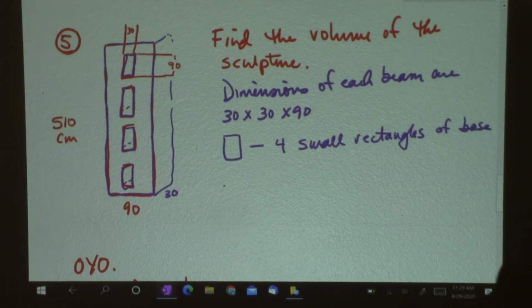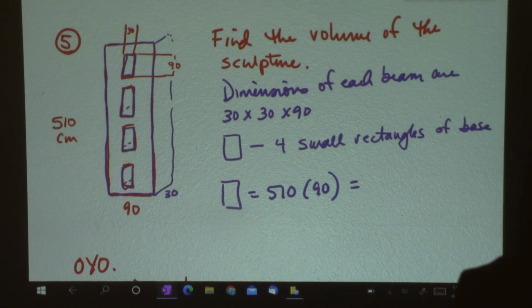So the whole thing is going to be 510 times 90. And that is, let's see, 510 times 90 is 45,900. And now I'm going to take away 4 little rectangles. So do you see here that each one is 30, this length here is 30, and this length here is 90.